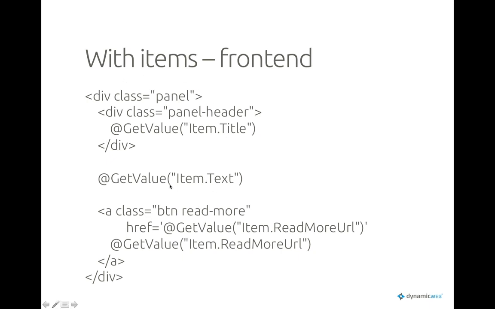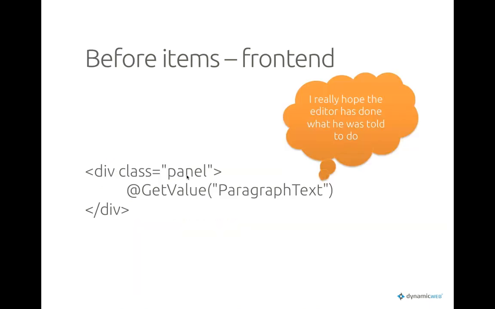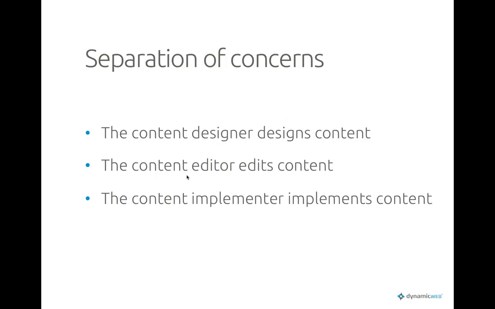So even though there's more text in this template than in the other template, we get much better control over how the content is actually rendered in the front end.